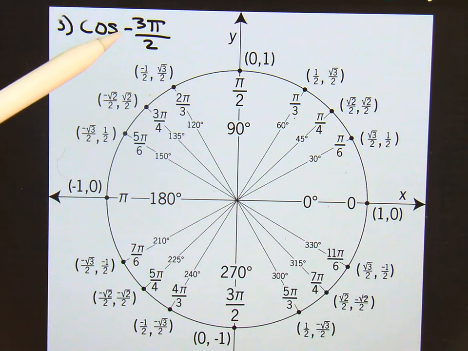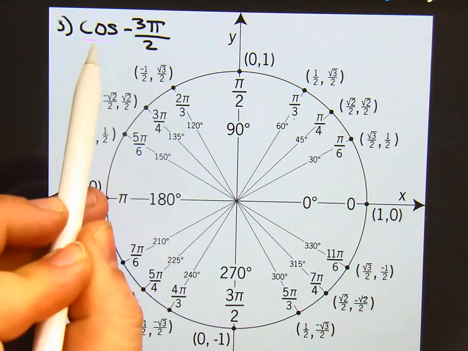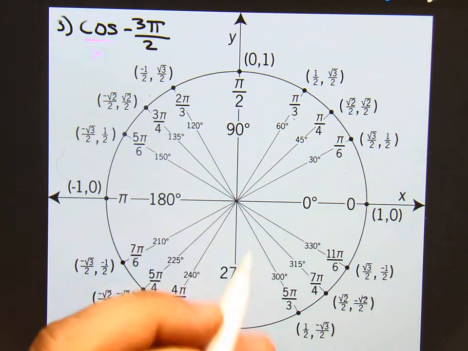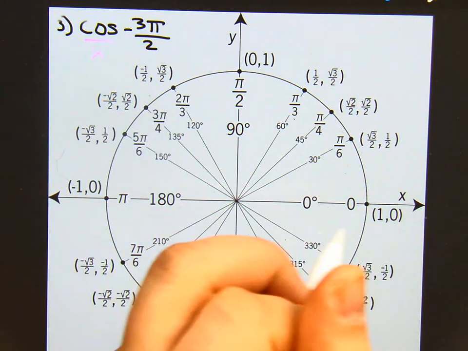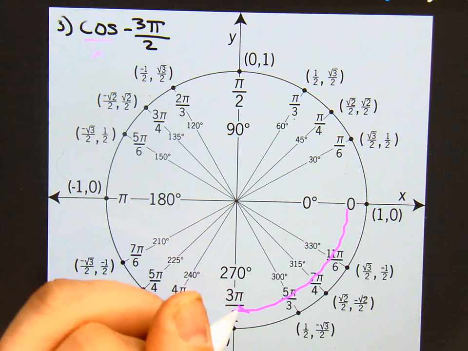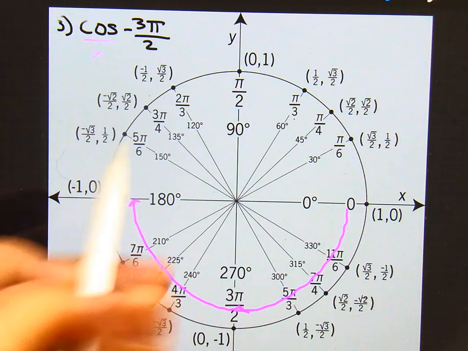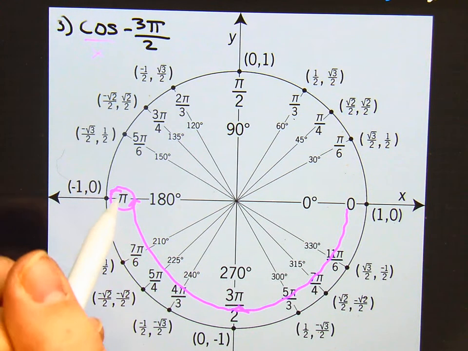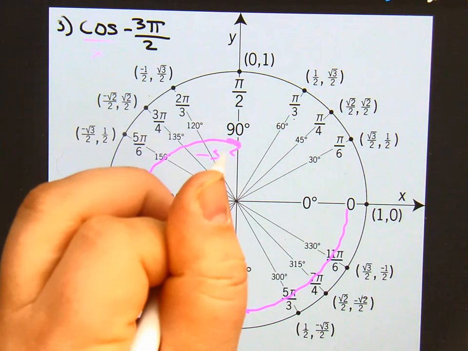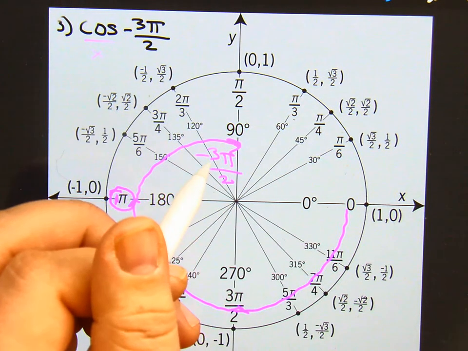So what about if I had a negative 3/2 pi, my cosine? I want to know what is the cosine, or basically the x value, at negative 3/2 of a rotation around here. Negative means I'm going this way. There's 1/2 pi. There's 2/2 pi, or basically 1. Here's my single 1 pi here. So negative 3/2 pi is basically 3/4 around.